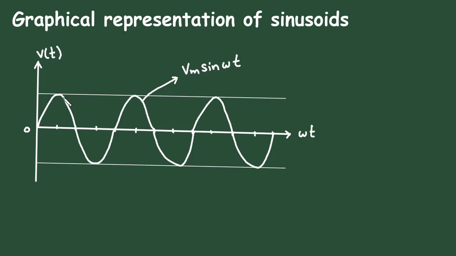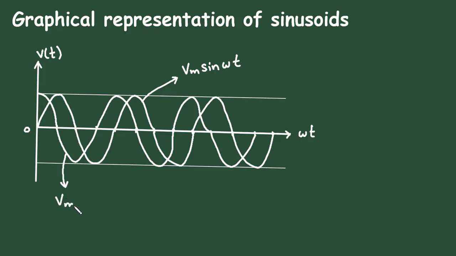Now let's draw a cosine function. So the cosine function will start from here. So it will look something like this. So this is Vm cos omega t.